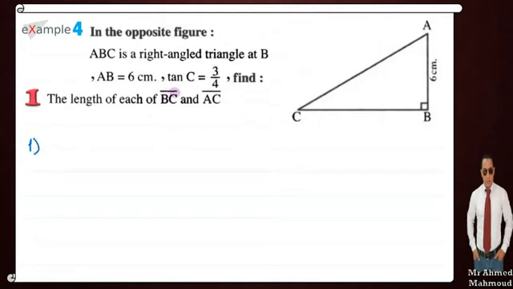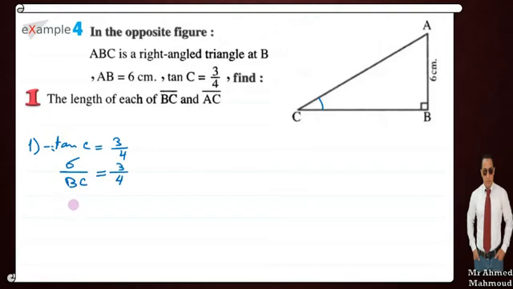Since tan C equals 3 over 4, then tan C, this is the opposite over the adjacent. Then AB over BC equals 3 over 4, so 6 over BC equals 3 over 4.